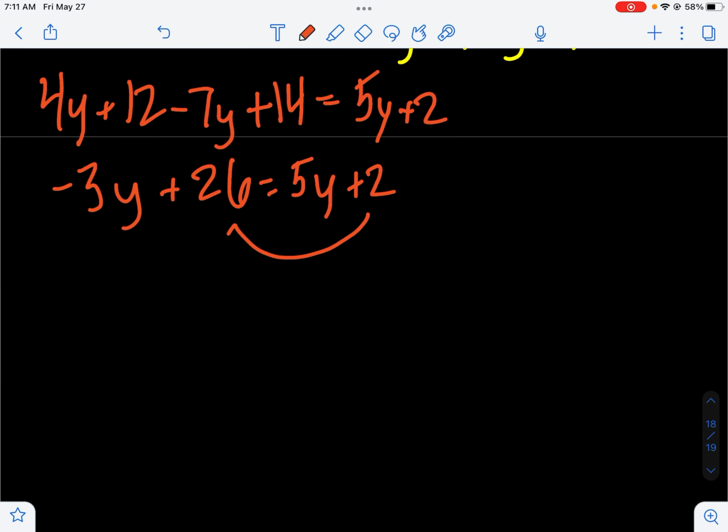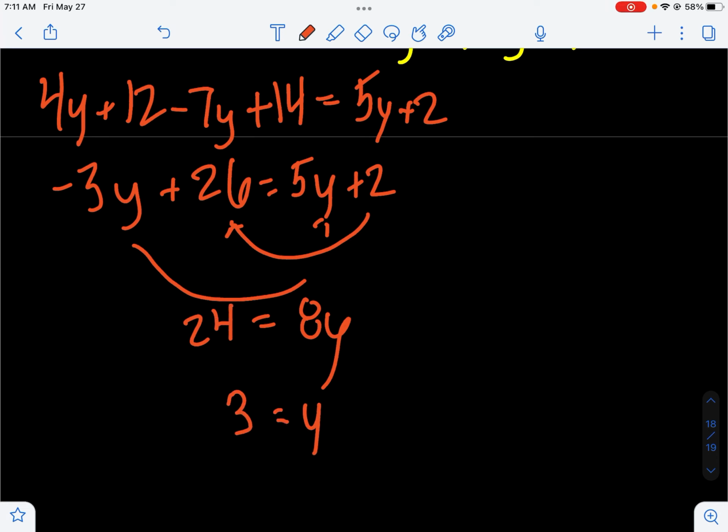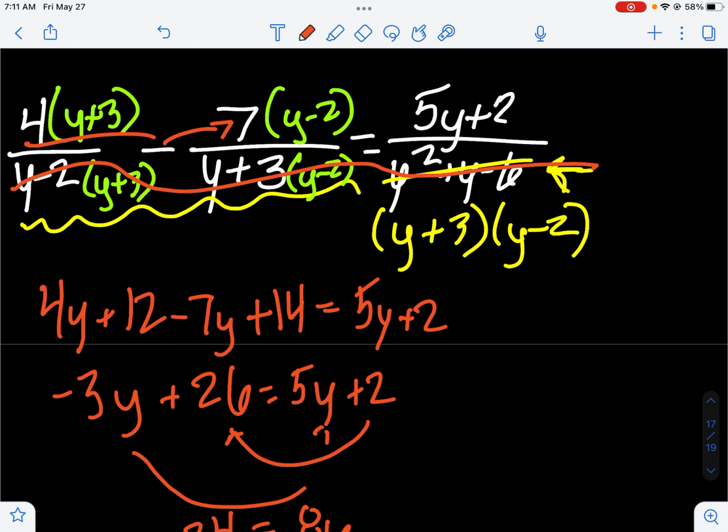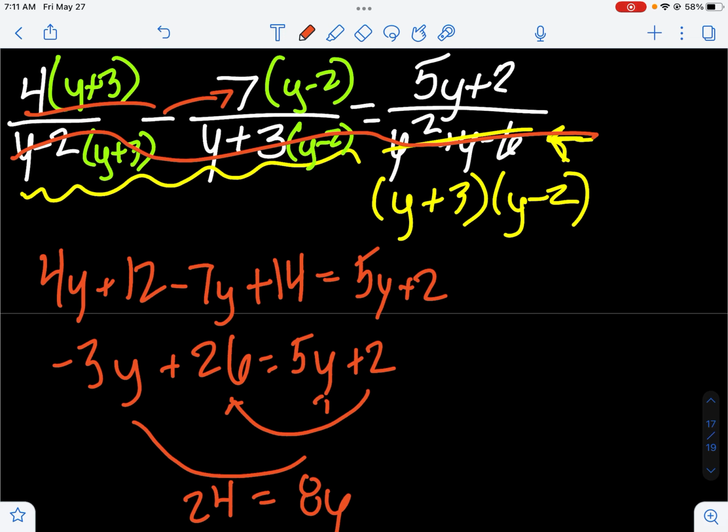I'm going to bring this over here and that over there, so we would have 28 equals 8y. Oh, 24. And y then equals 3. So you guys can see how that's a lot easier than cross multiplying, that if we can get a common denominator all the way across, then we would be all set.